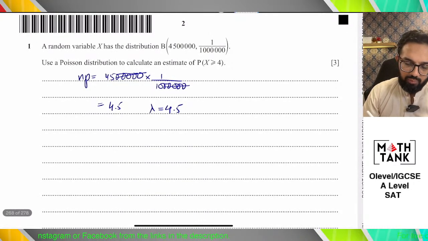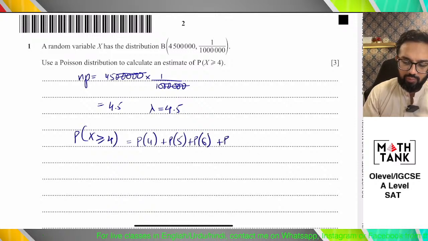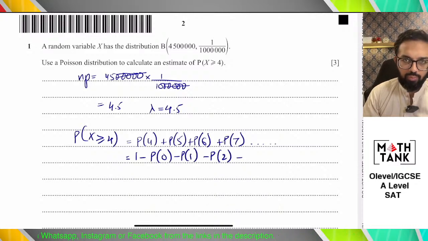So greater than or equals to 4. That means 4, 5, 6, 7, and so on. Instead, I do 1 minus probability of 0, 1, 2, and 3.